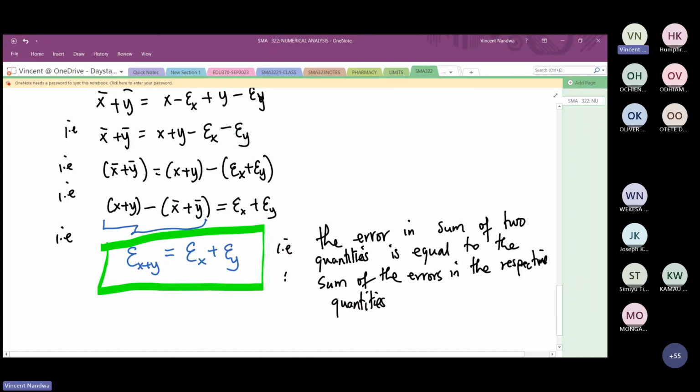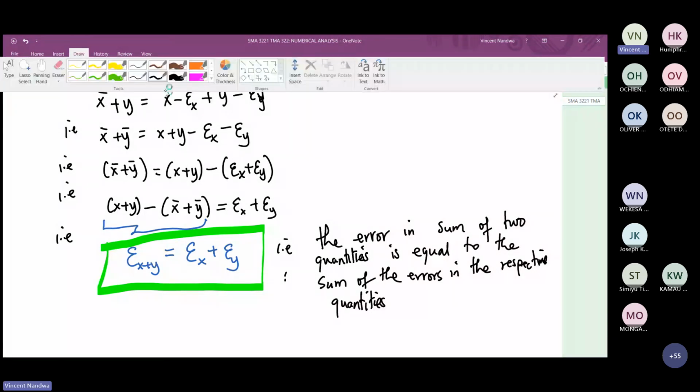So if you are summing two numbers and you know the errors in each of them, then if someone asks you to provide the error of the sum of those two quantities, it's as good as simply adding the errors in the two quantities. And the same can be extended to n different quantities. So if you have n different quantities, then the error in the sum of those n quantities is simply the summation of the errors in each of them.